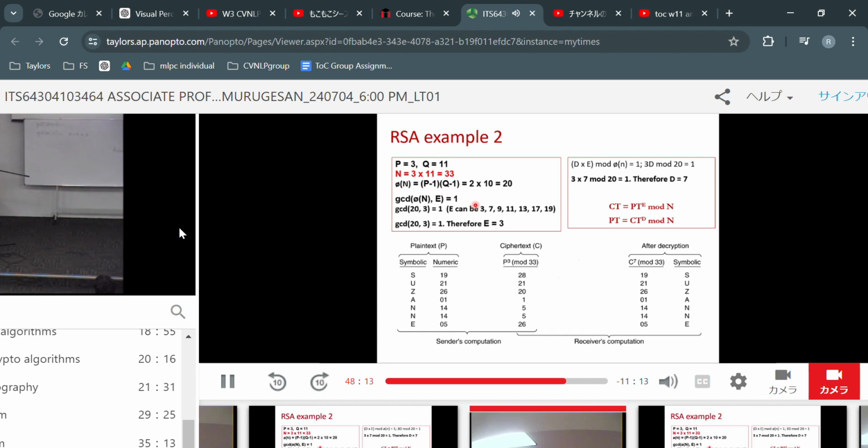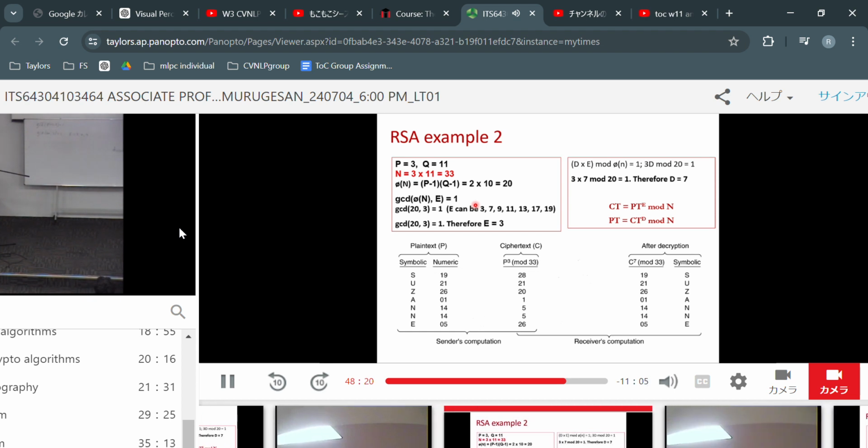What I want to tell you is not many materials will tell you. I'm not saying not all materials, but not many will tell you because they think it is understood. So I'm explicitly telling you that. E can take many values that will satisfy this condition.